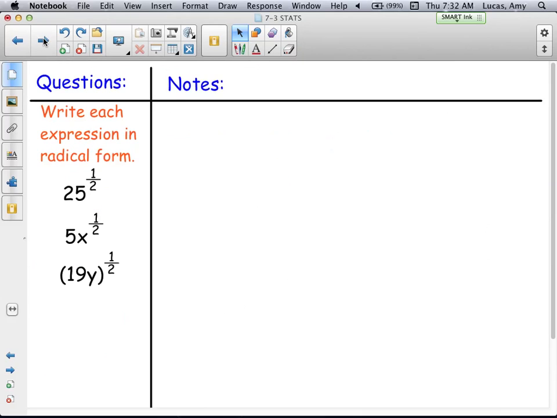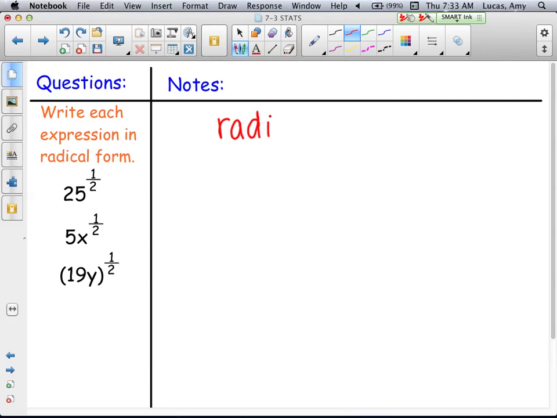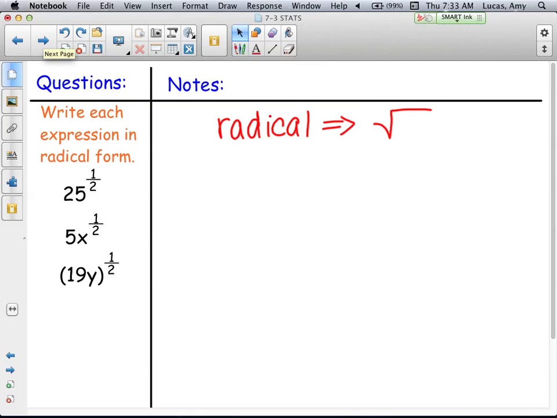Okay, now, the directions are going to be changing back and forth throughout the lesson today. The directions here say write each expression in radical form. Radical means that you want to have the root.